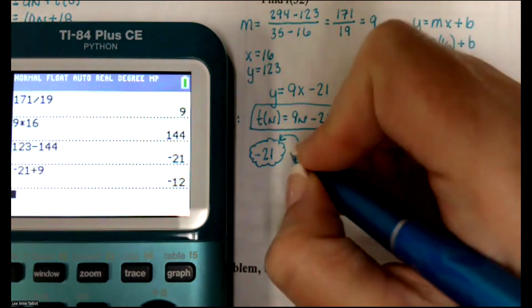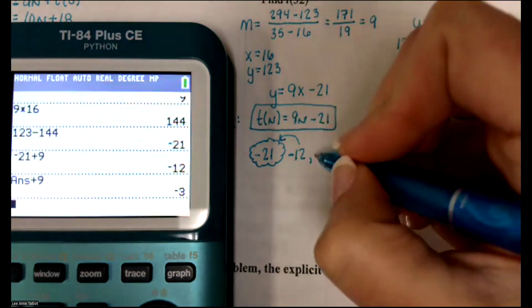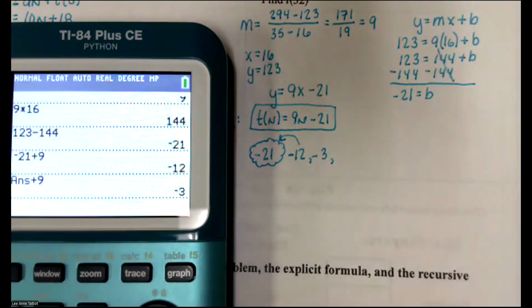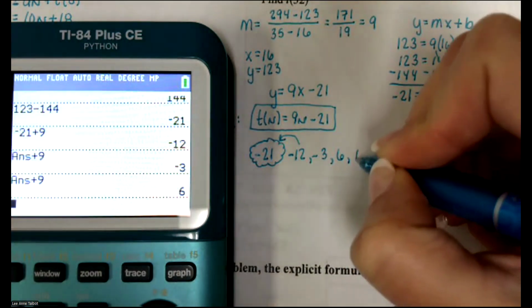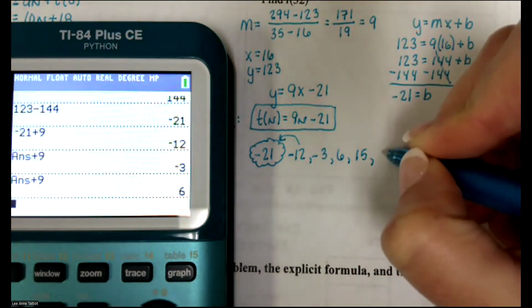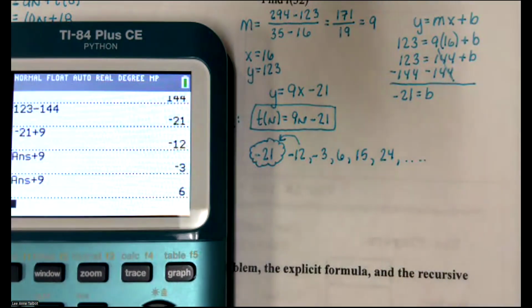So that means my first term has to be negative 12, then negative 3, then 6, then 15, then 24. Do you guys remember my little cloud thing?